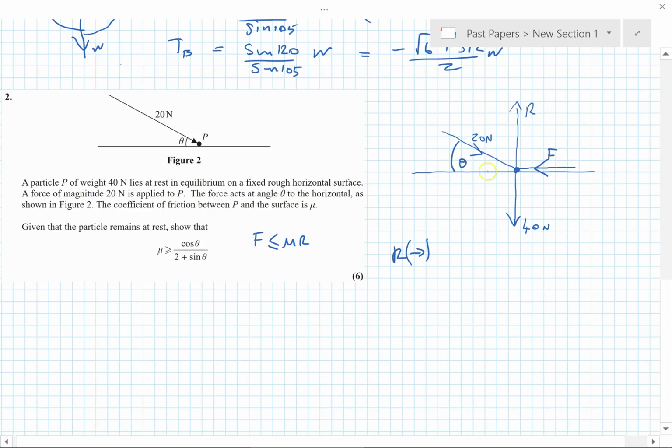We look at the 20 newton force, the horizontal component, because it's marked on next to the theta here, is 20 cos theta. So we have F is equal to 20 cos theta.